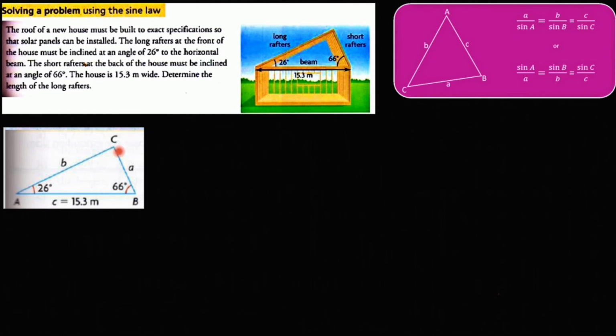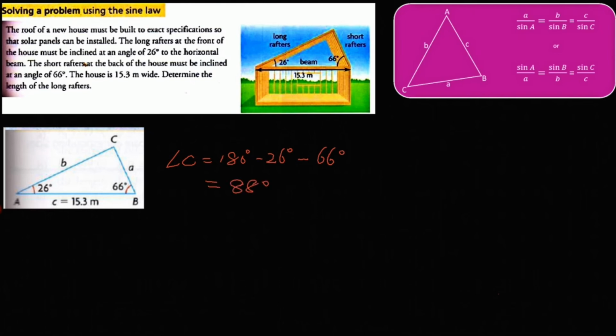But angle C is easy to find out because in this triangle, angle A plus angle B plus angle C equals 180 degrees, right? Okay. So first find out angle C. So angle C equals 180 degrees minus 26 degrees minus 66 degrees, so equals 88 degrees.